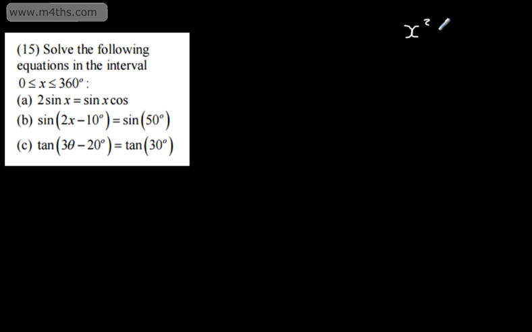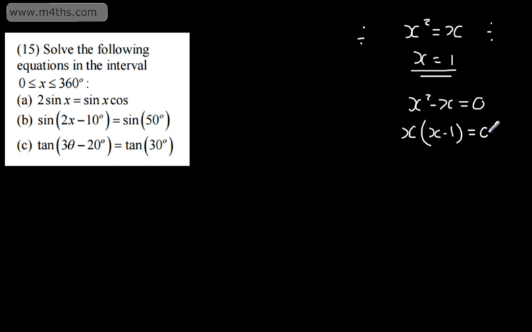If I said that x squared was equal to x, and I divide both sides by x, then I get x is equal to 1, which is one of the solutions. If I subtract the x from both sides, that gives me x squared minus x is 0. Factorising, x times x minus 1 is equal to 0. So x is equal to 0, or x is equal to 1.